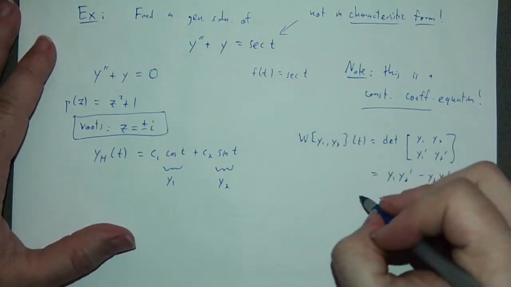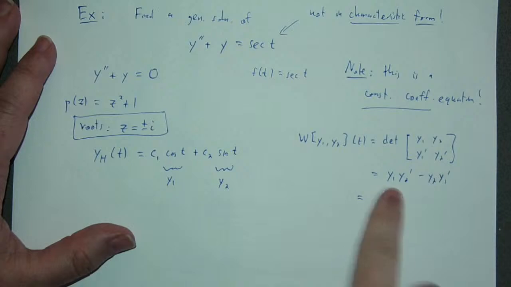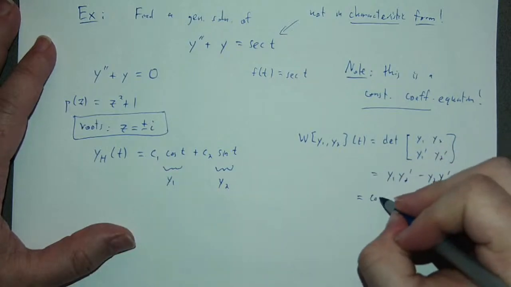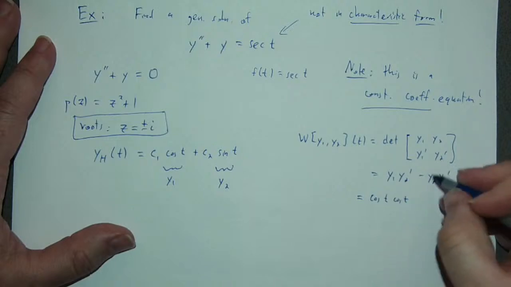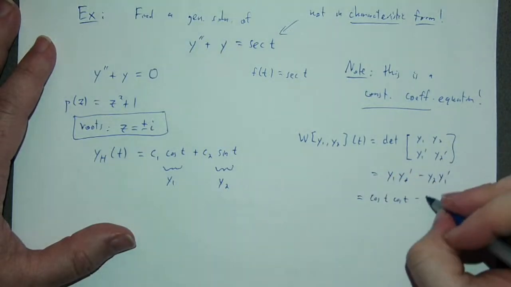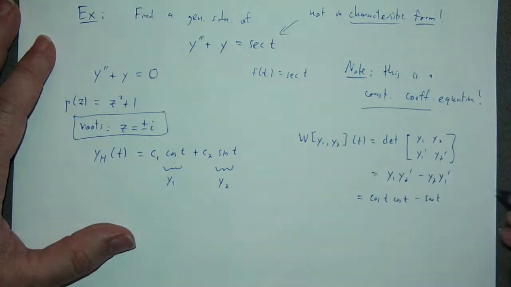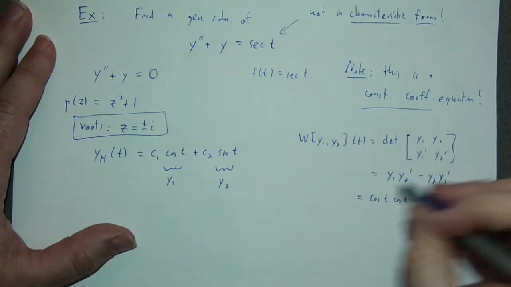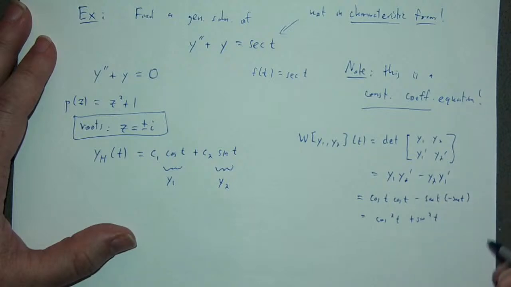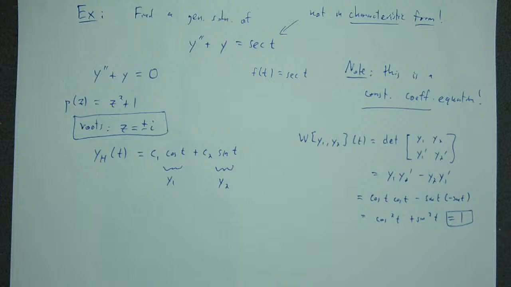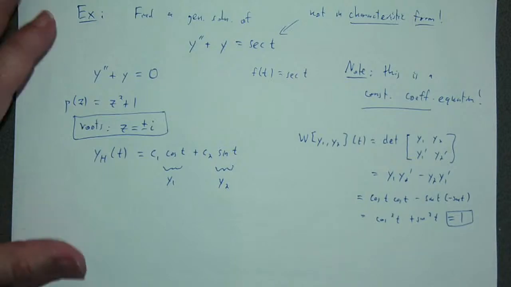Okay, so what is this? y1 is cosine t, so this is cosine t times y2 prime, which is also cosine t, minus y2, which is sine t, times y1 prime, which is minus sine t. Hey, this is cosine squared t plus sine squared t, which is just 1. I'm pretty happy with that. Right, so that makes this particularly nice.